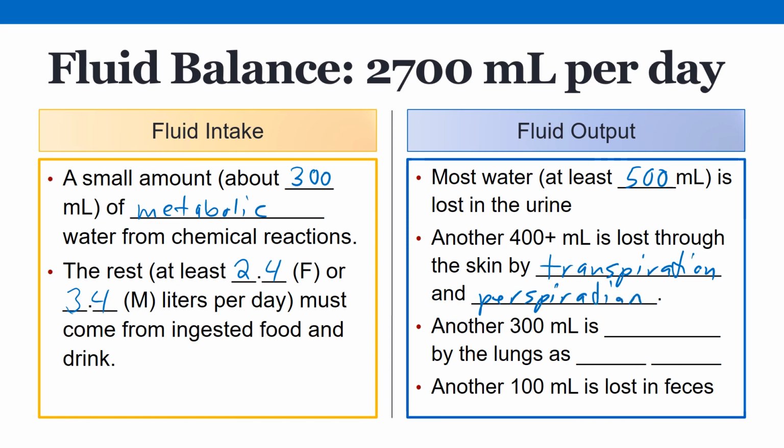Another 300 milliliters is exhaled by the lungs in the form of water vapor. And finally, about 100 milliliters is lost in the feces. Ooh, yuck, gross.